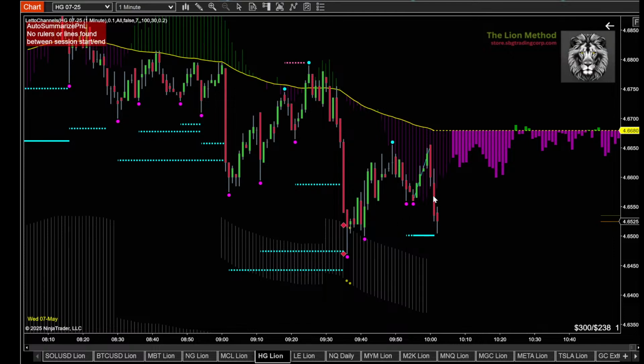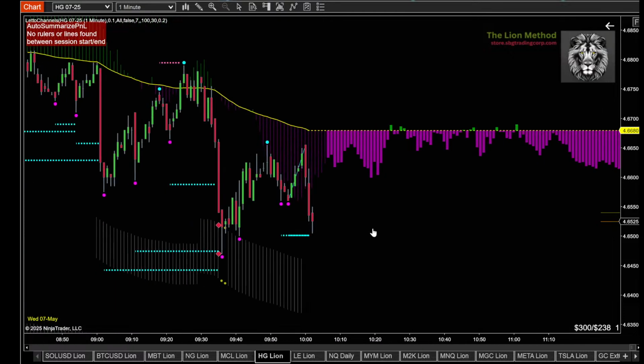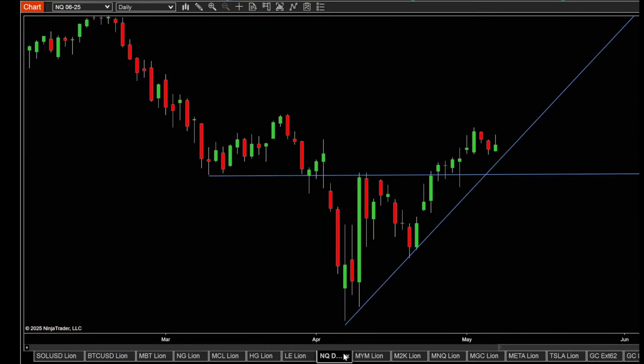Copper. Trend trade, that's my initial thought. But this was the trend trade right here. Breakdown from that. If you want it to hit the 100 and bounce off, this one came close. Live cattle, nat gas.